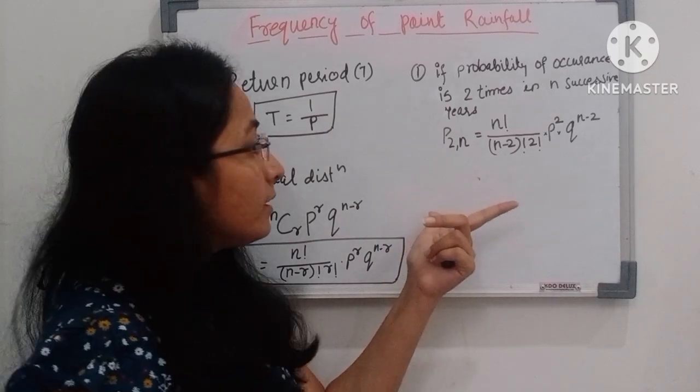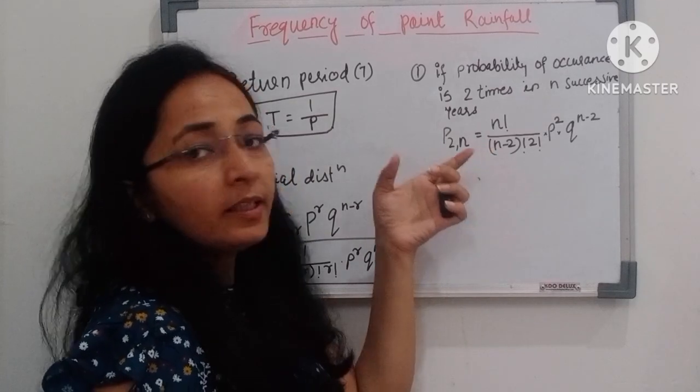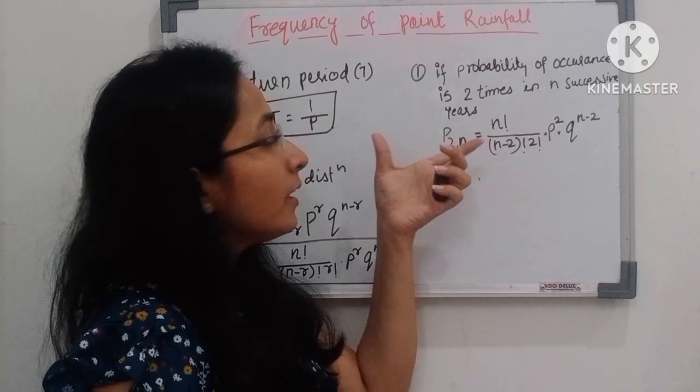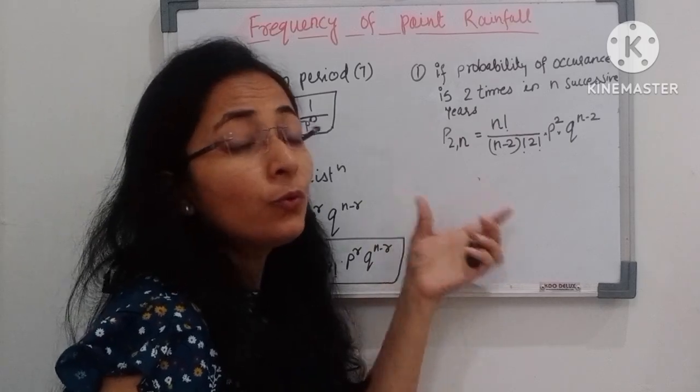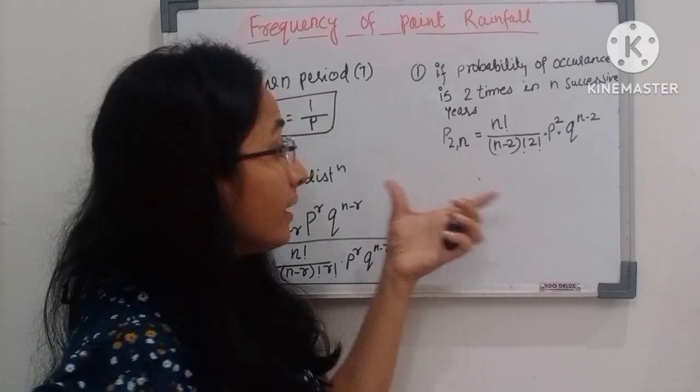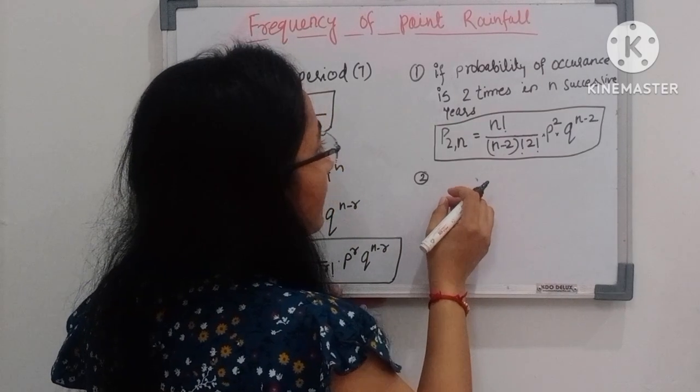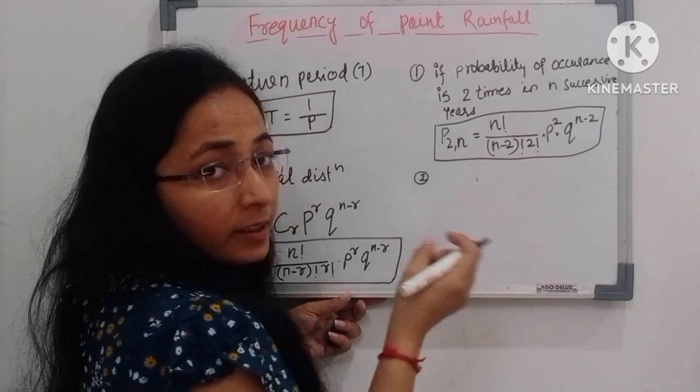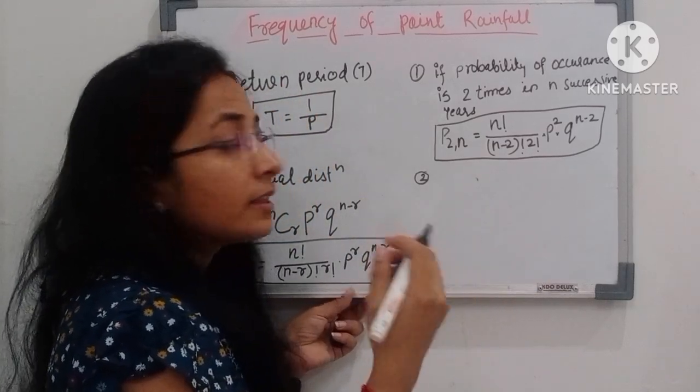So this is the formula to estimate the probability of occurrence if the event occurs 2 times in n successive years.